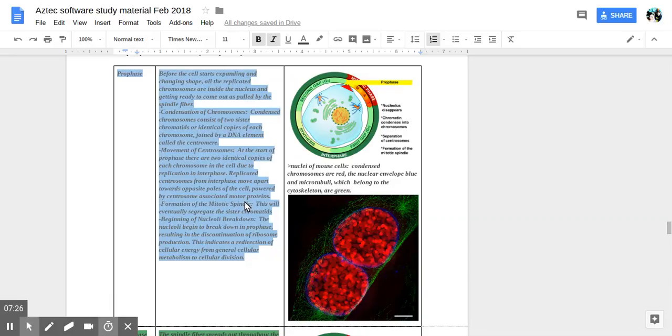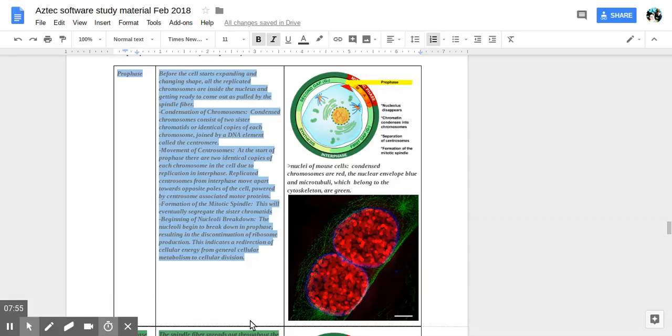structure. Movement of centrosomes. At the start of prophase, there are two identical copies of each chromosome in the cell due to replication in interphase. Replicated centrosomes from interphase move apart toward opposite poles of the cell. So these centrosomes are made up of centrioles, which are protein subunits.